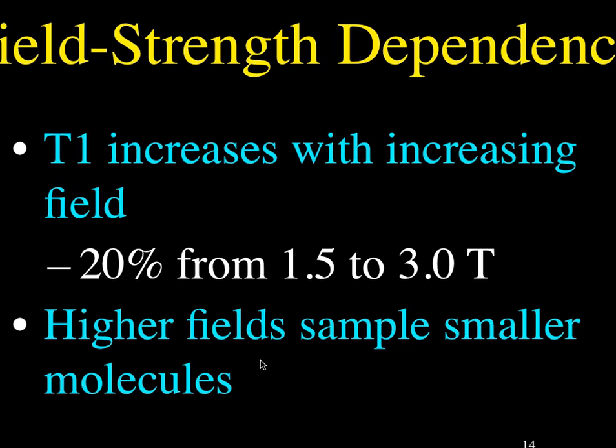But remember, in quantum mechanics, the nuclei can't transition from one state to another, even if it's a lower energy state, unless there is a photon of energy of the right amount to allow them to transition from one level to another.